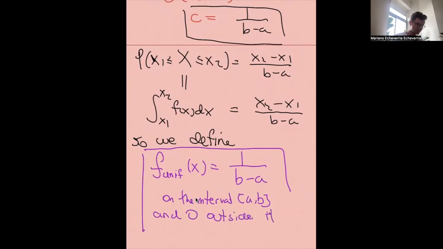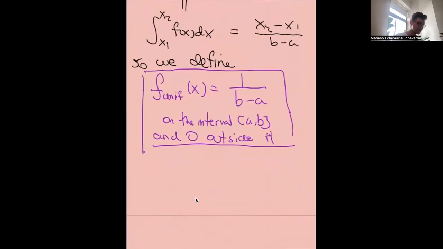If you want to think about its graph as a function of x, here's x, and here's the interval a b. Let's say the interval covers both positive and negative values of x.